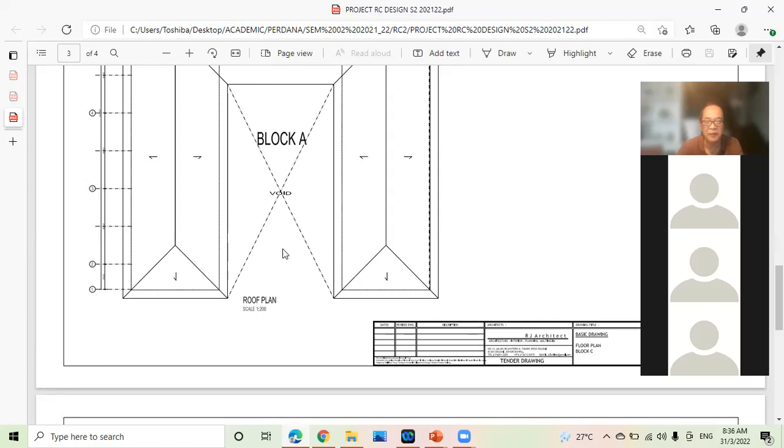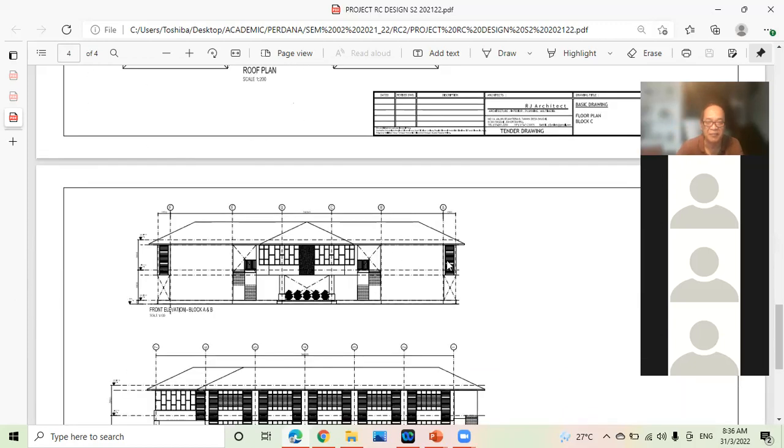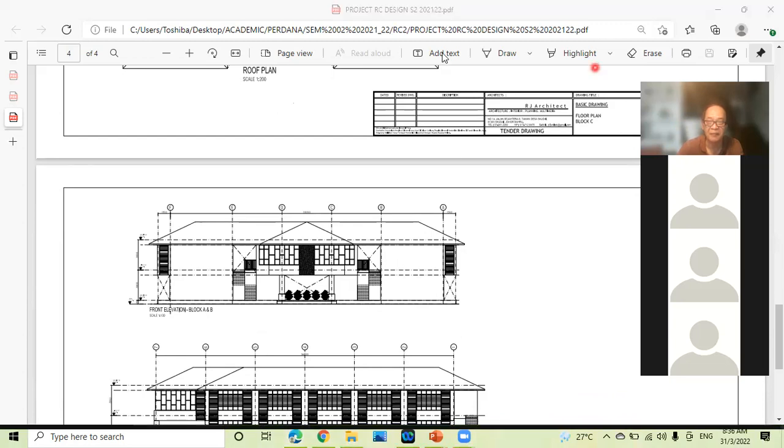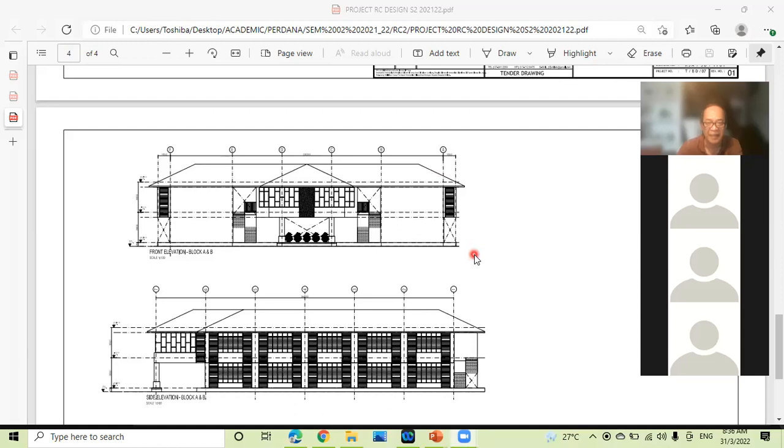If we take a look at the cross section of the building, indicating that the building is a 2-story building. We have the lower floor, the ground floor, indicated di sini. This is our ground floor, and this will be our first floor, and finally our roof level. Okay, so it is relatively not too complicated.